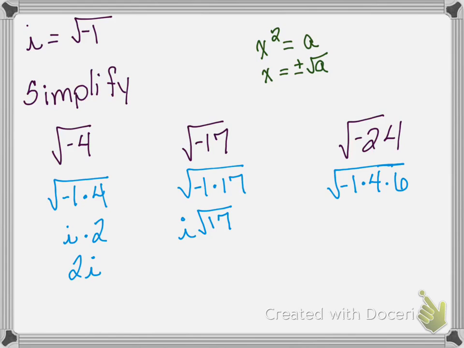So I'm going to take out the square root of negative 1, which is i. The square root of 4 is 2. Can I take the square root of 6? No. So I am leaving the square root of 6 in the square root sign. So this is read 2i on the square root of 6.